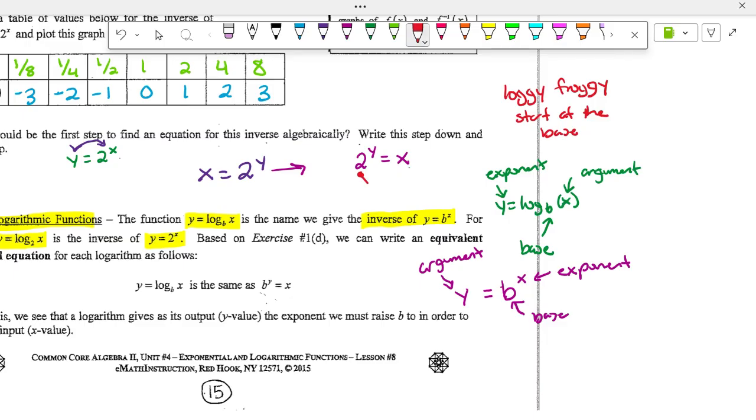So I'm going to go around and hit right here. Then I'm going to hit the equal sign. And then lastly, I'm going to hit the exponent. And we got ourselves a little froggy. Ribbit, ribbit. That's why it's called loggy froggy. It looks like a little frog.